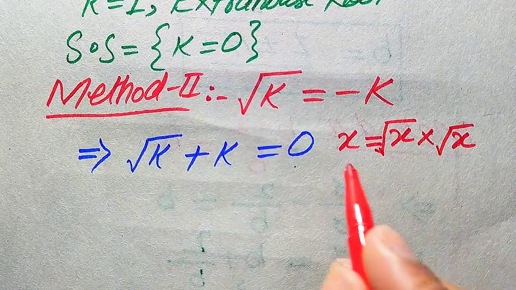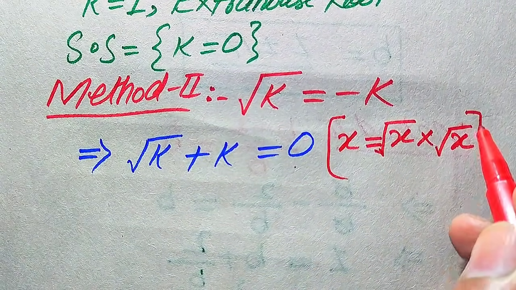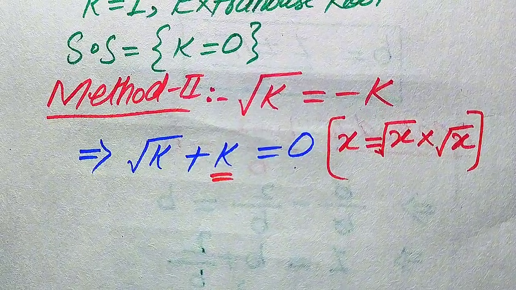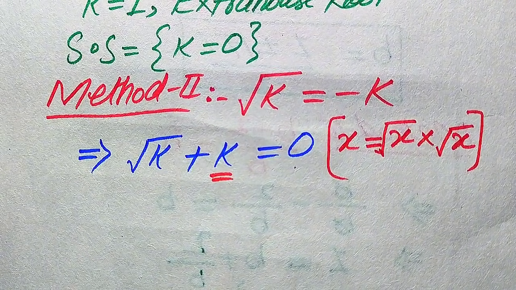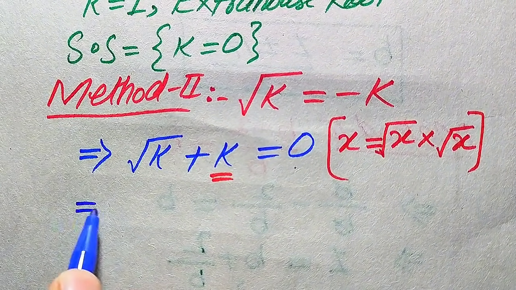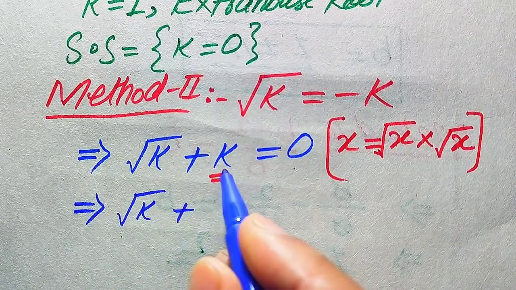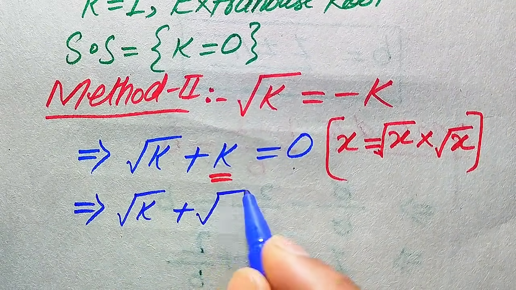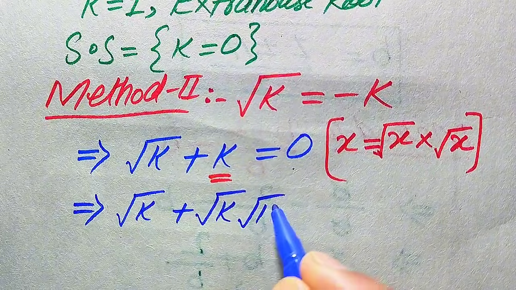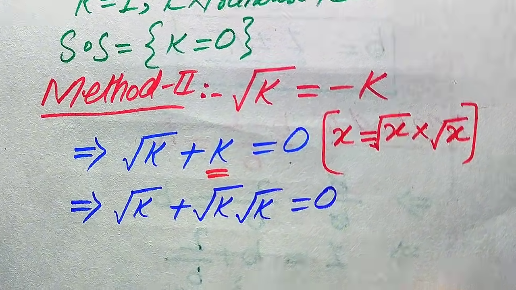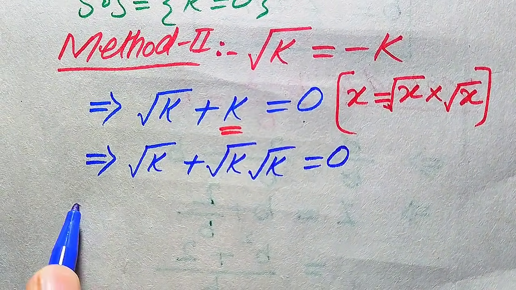In the same pattern, we write this k as square root of k multiplied by square root of k, so the whole equation is square root of k plus square root of k times square root of k equals 0.